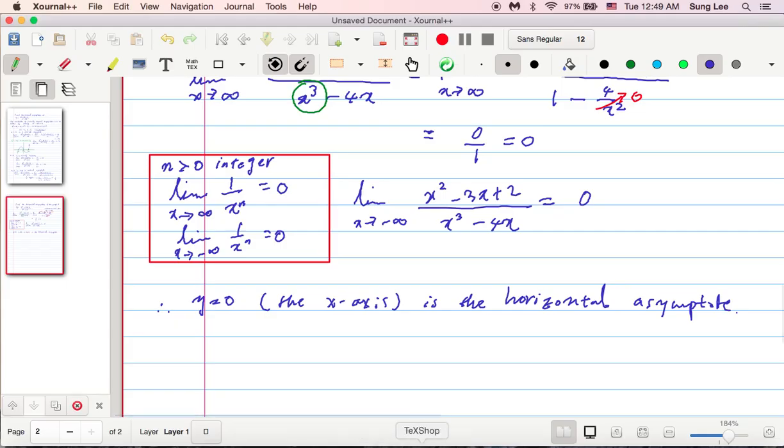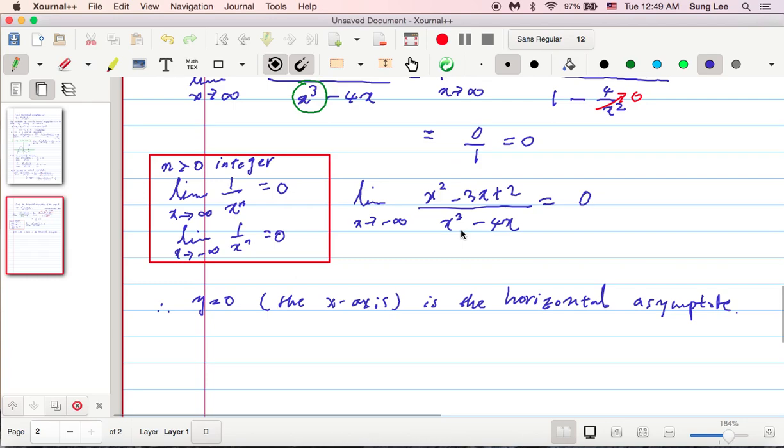So before we continue, now we know the horizontal asymptote and vertical asymptotes. How can these two pieces of information be used to sketch a graph of this rational function?